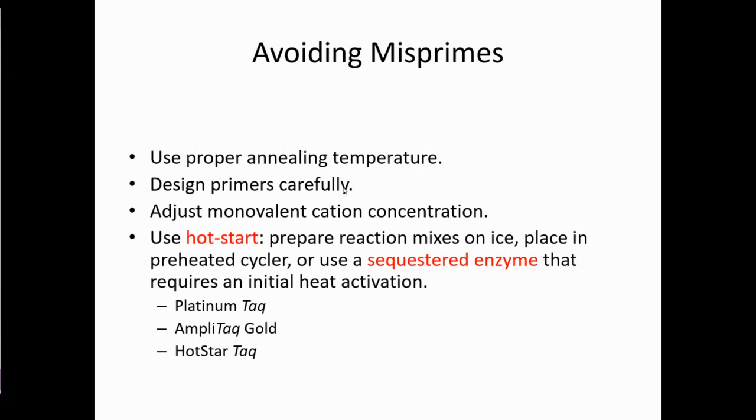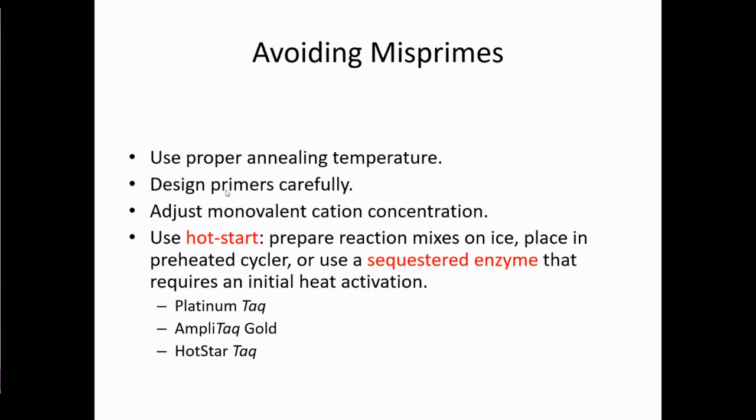And then you can also design the primer carefully, because the primer you design, let's say 18 to 20 nucleotides long, might have 50% or more or 70% similarity to other sequences in the template. So normally when you design a primer, you will double check whether it has homology to other regions of the template.